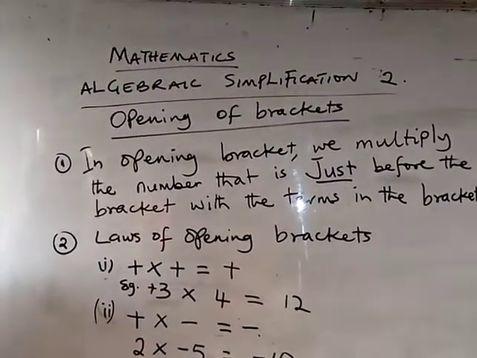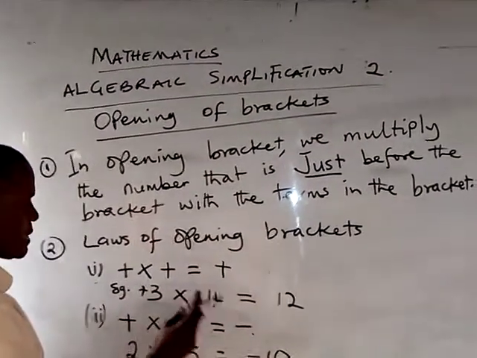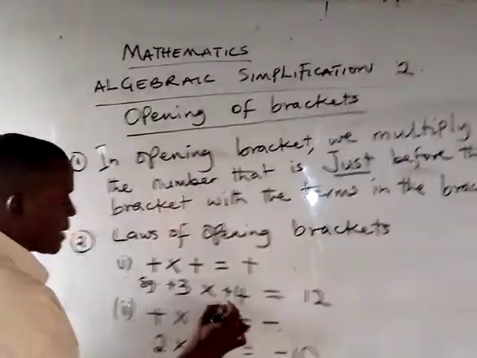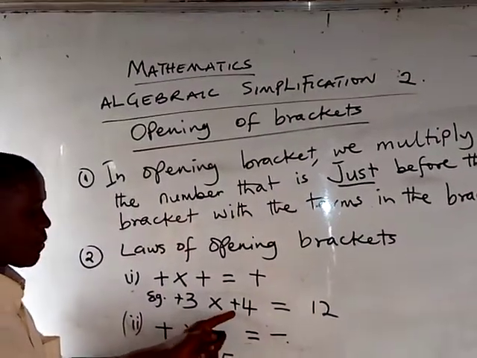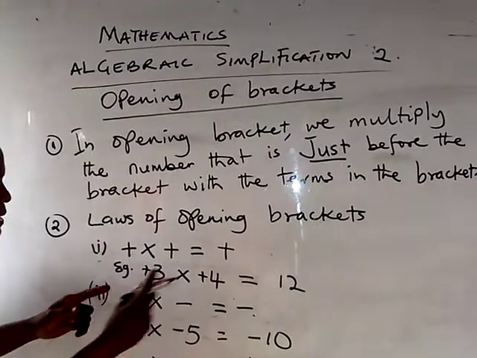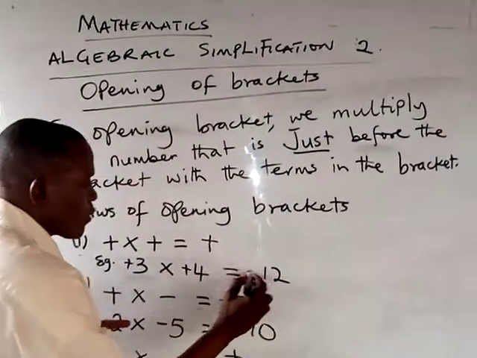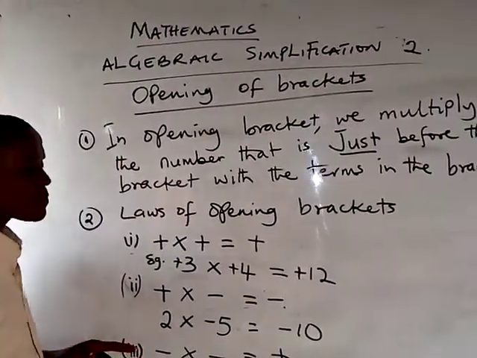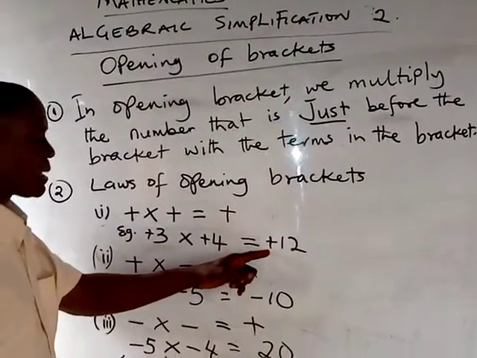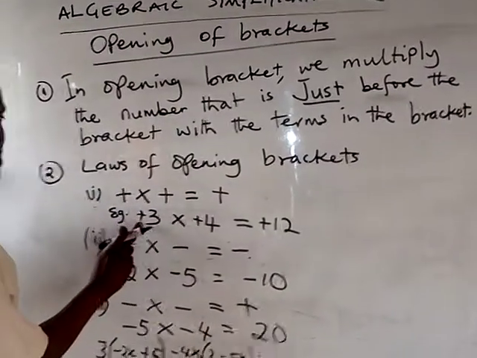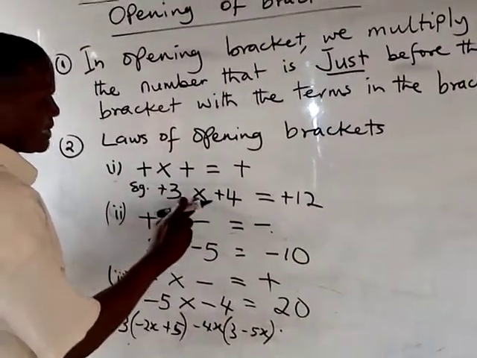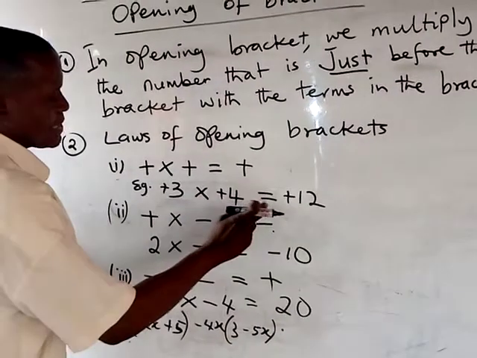That means it's carrying a plus sign by the left hand side. This 4 is also a positive number, carrying a positive sign by the left hand side. And the answer, which is 12, is also a positive number. Therefore, let's read the sign. Plus times plus is equal to plus.